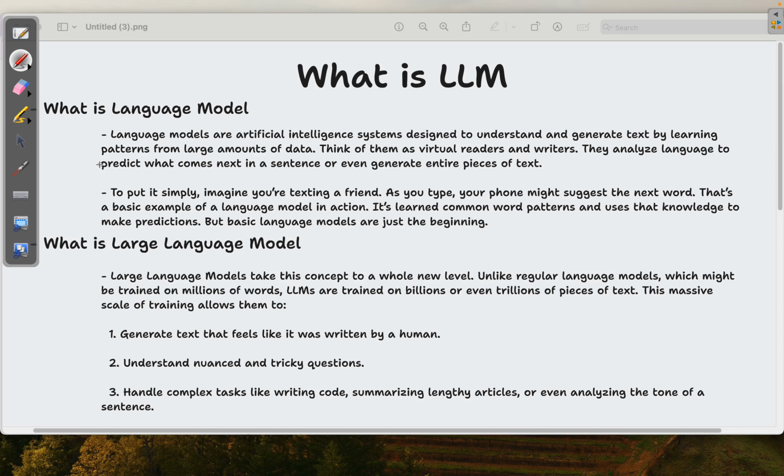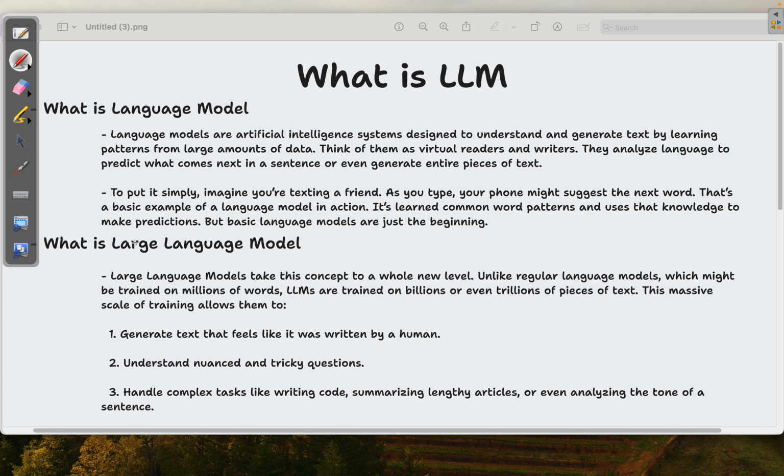So the simplest task of the language model was to predict the next word, right? It can understand whatever we have written till now, analyze the text and predict the next text basically. So it will also understand our language as well. Of course it will be language dependent, right? If you are writing an English sentence, it will predict the next word in English, right?